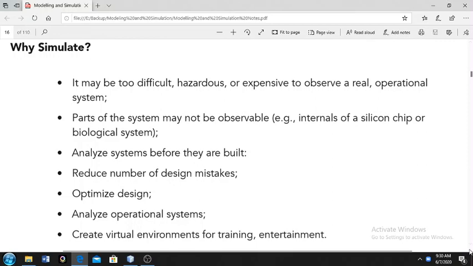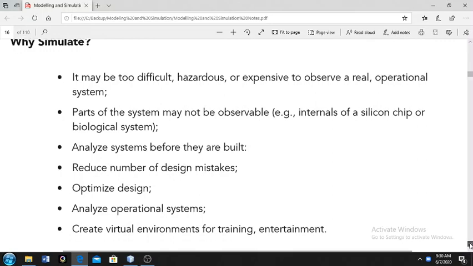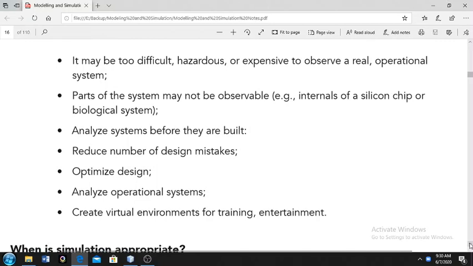Also, creating a virtual environment for training. Take for example training pilots. It can be super risky to engage a student who is learning how to pilot in a real plane.